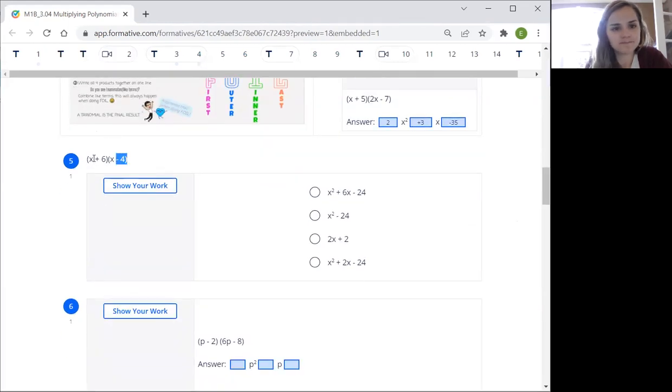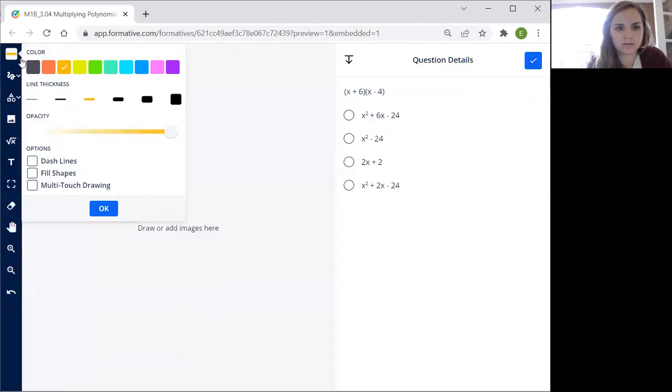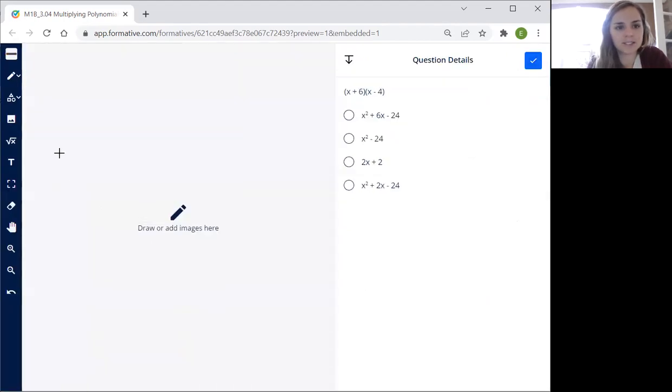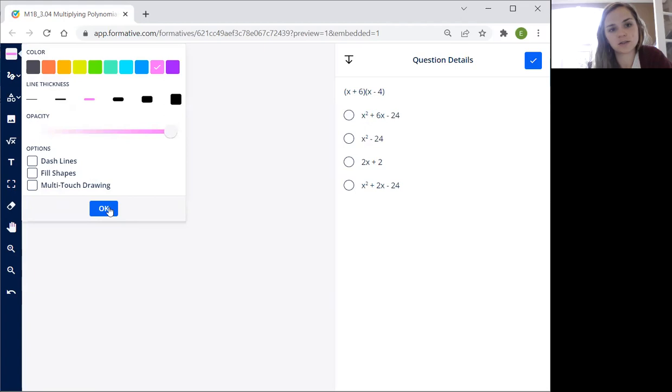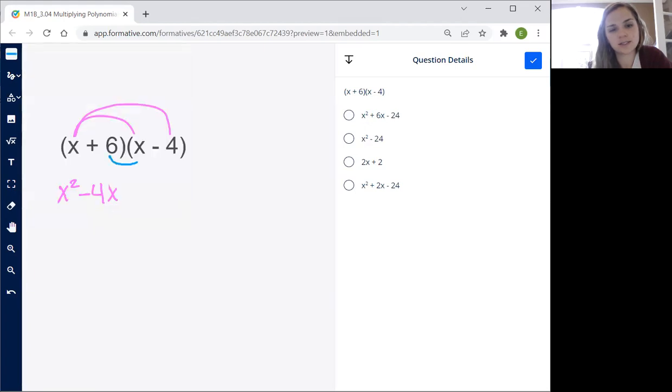Okay, next one, same exact thing. Make sure you copy and paste it. And we want to distribute. So x times x is x squared. X times negative 4 is negative 4x. 6 times x is positive 6x.